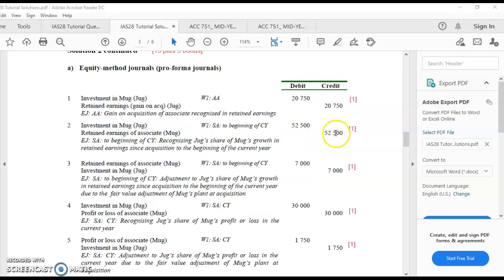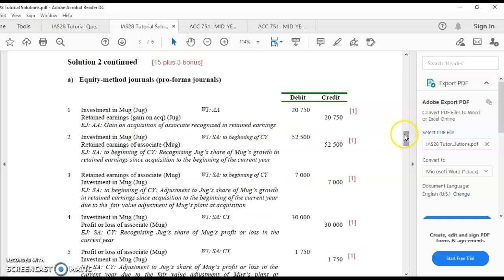Okay, pro forma journal entries. For pro forma journal entries, your golden account is the investment account, investment in associates. In this case it is investment in MAC. Whenever there is an increase to an investment, you debit the investment and you credit retained earnings. Whenever there is a decrease, you debit retained earnings and you credit the investment.